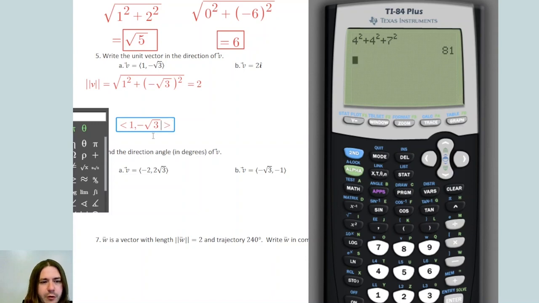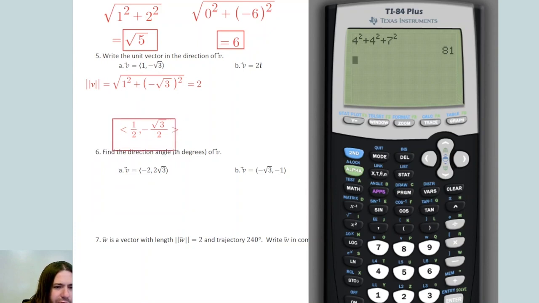And if we divide both of those by the magnitude, 1 divided by 2 is just 1/2, and negative root 3 divided by 2 is just negative root 3 over 2. So there's our unit vector, and that coordinate should look a little familiar from last semester. Hopefully you have a good idea of where that is on the unit circle.